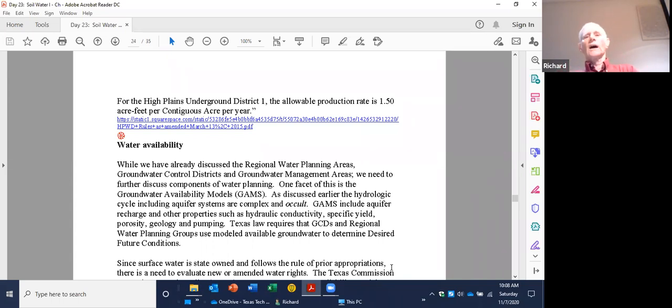They're still only allowed to pump 1.5 acre-feet of water per contiguous acre per year. If that population grows, they're going to have to buy more land to get more water resources to supply that.